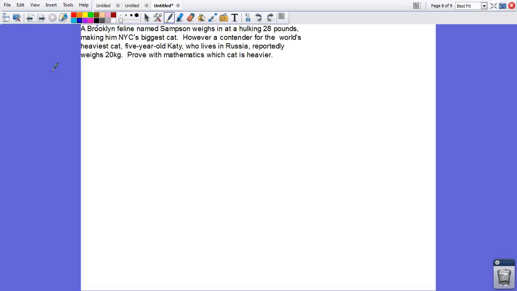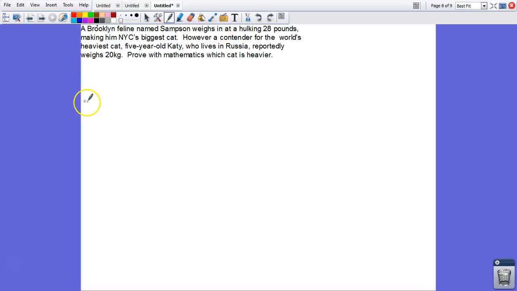You can either change Samson from pounds to kilograms or Katie from kilograms to pounds, and so you only need to do it one way to get that direct comparison. The conversion chart is on the very first page for you. I went ahead and did that.